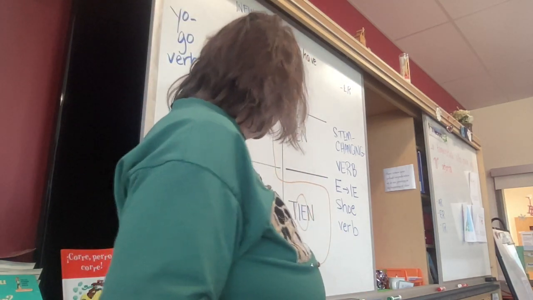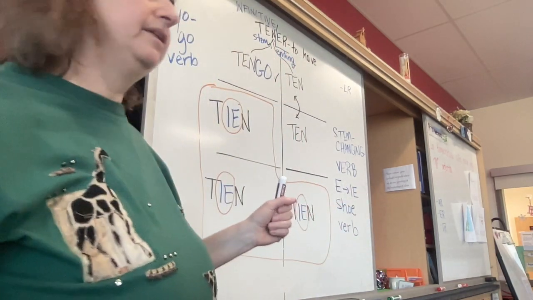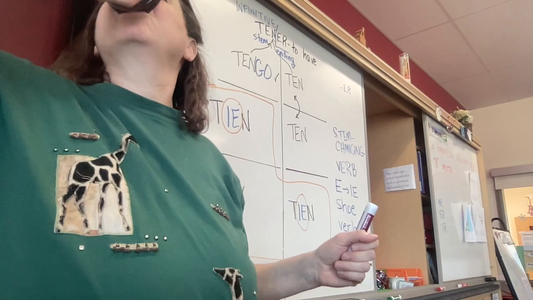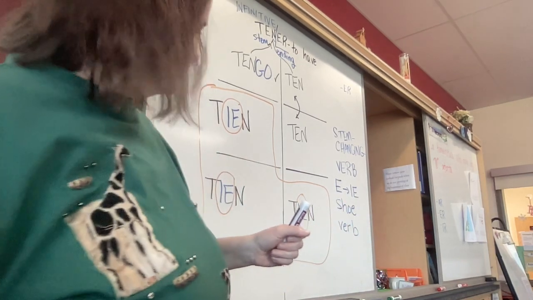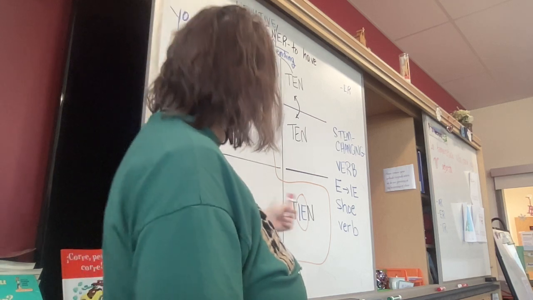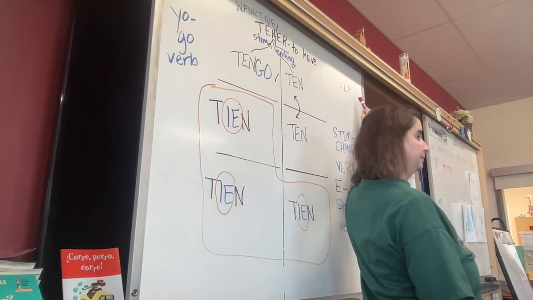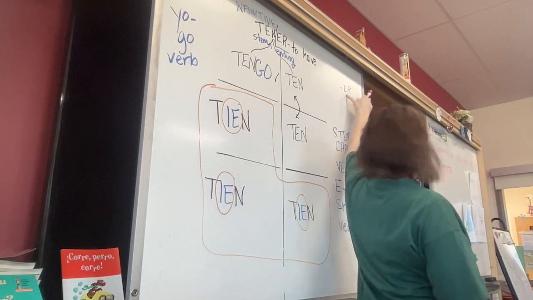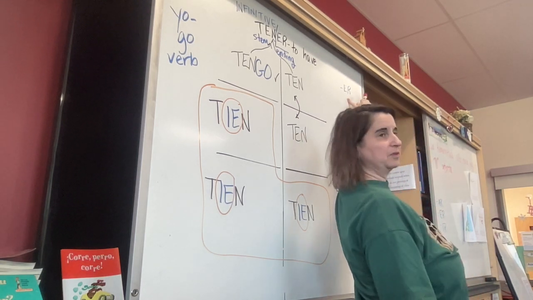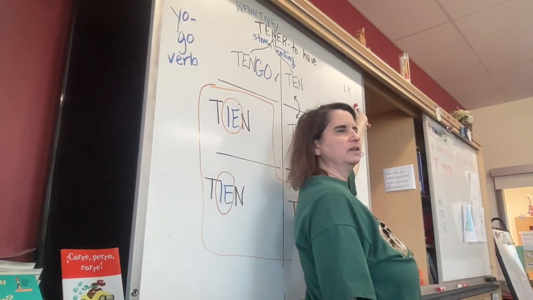Okay. And then finally, our third color we're going to use for our endings. So now it looks like we need a vowel here. Can you guess which vowel it's going to be? E. This one, pronounced in Spanish, is E. Are there going to be any R's inside the chart?